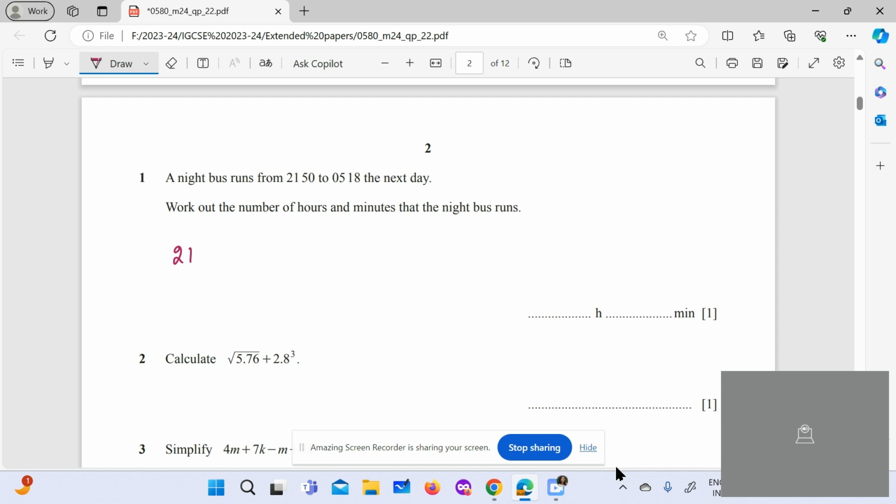We just can do with this method, the number line method. From 21:50 to 22:00, this is 10 minutes, and here 11:12, here you have 2 hours, and then here you have 5 hours, and then here you have 18 minutes.